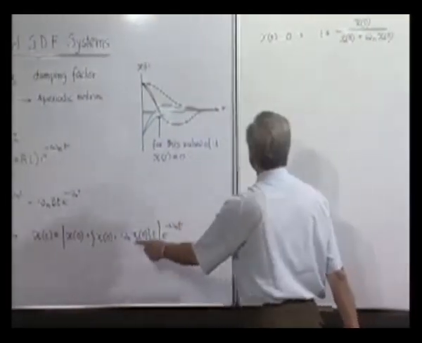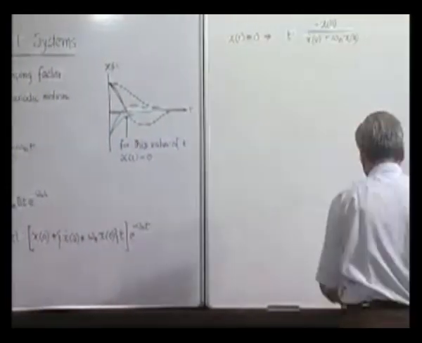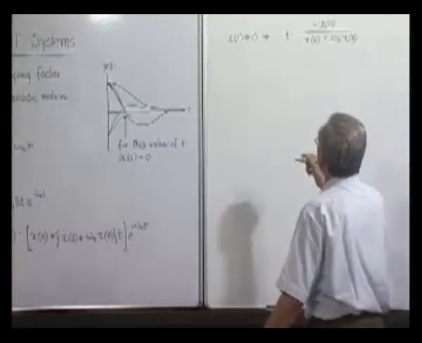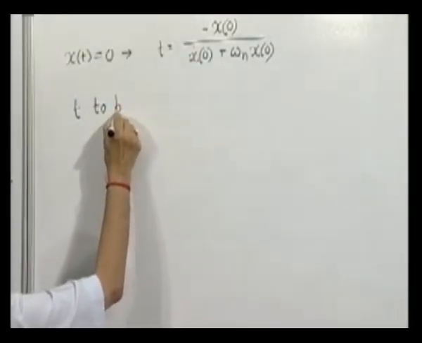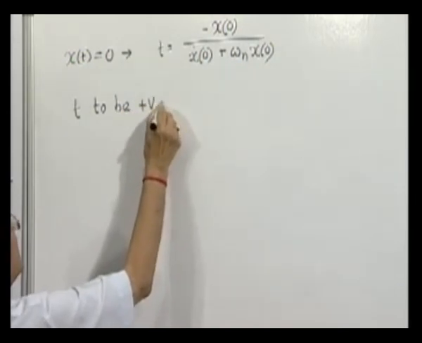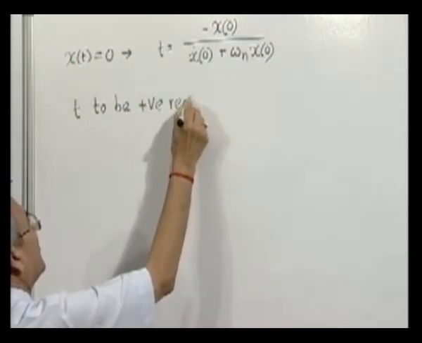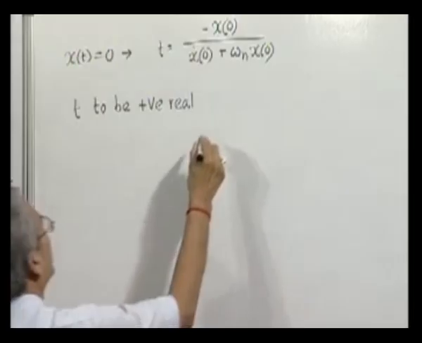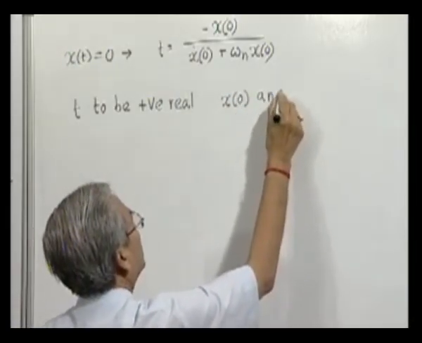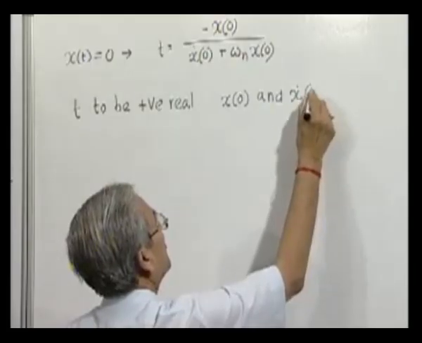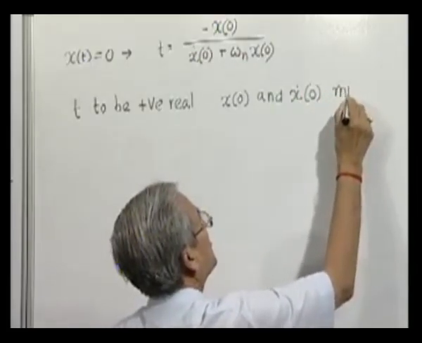This is equal to 0 means t is equal to this. So again t to be positive, x0 and x dot 0 must be of opposite sign.